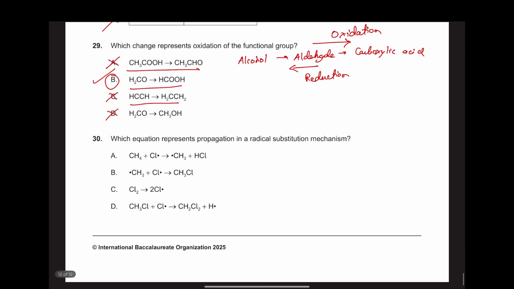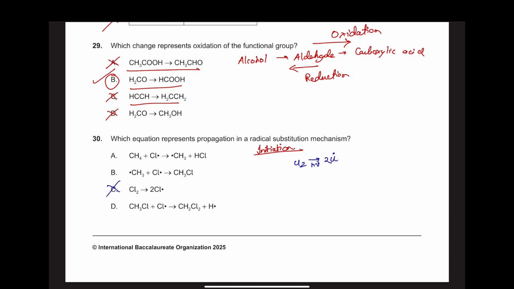Now the last question. Which equation represents propagation in a free radical substitution reaction? If you look at a free radical substitution reaction, the initiation step looks like this. Cl2 will absorb sunlight to form two chlorine free radicals, right?